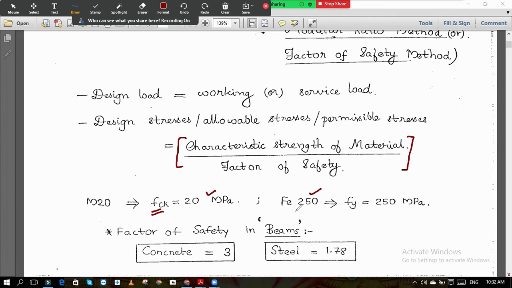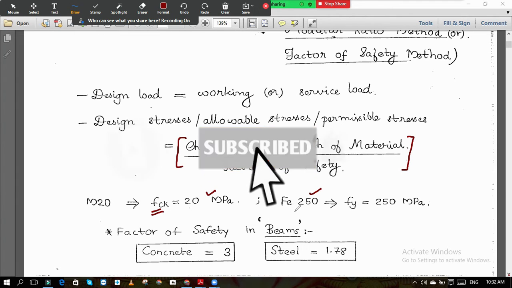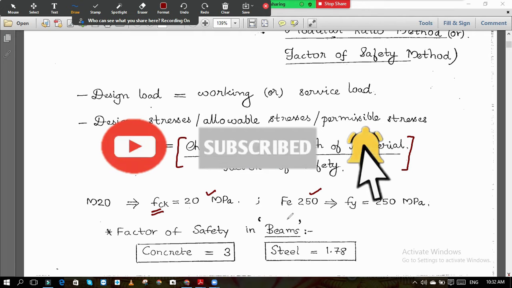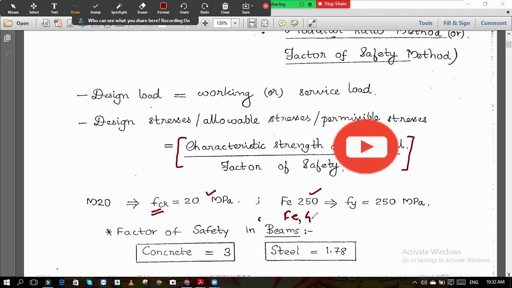Whatever the mix design we want, we can make the grade. But for steel, Fe 250, then Fe 415, and then Fe 500. These are the grades of the steel. This 415 and 500 gives you the strength.